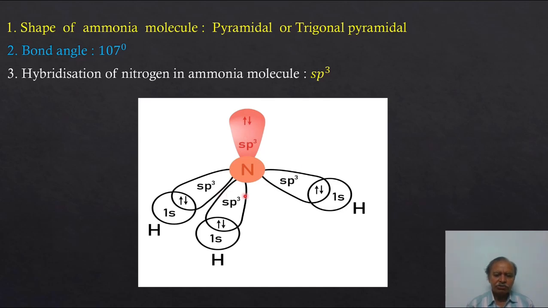So because of this force of repulsion, the bond angle is reduced from 109 degrees 28 minutes to 107 degrees. So bond angle in ammonia is 107 degrees, but not 109 degrees 28 minutes, even though the nitrogen atom is sp3 hybridized. Okay, so this is the pyramidal or trigonal pyramidal shape of the ammonia molecule.